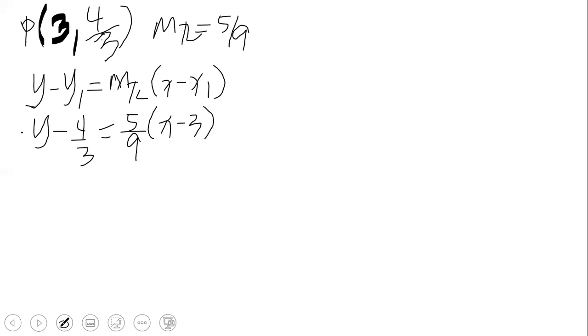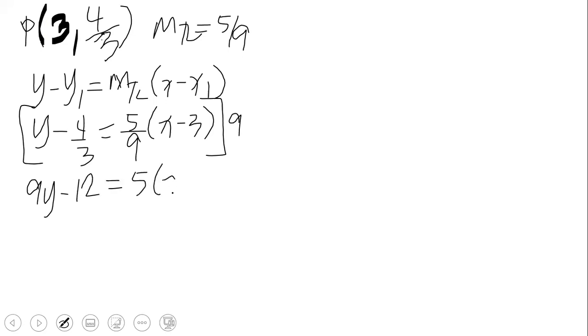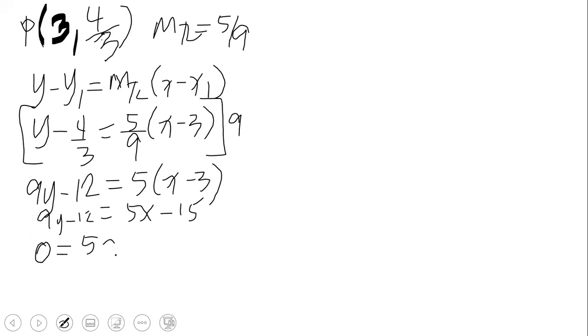So, this time, ang LCD ng term is 9. So, it will become 9y minus 9 divided by 3 is 3 times 4 is 12 equal to 5 times x minus 3. So, simplify all those terms na lang. 5x minus 15 equal to 9y minus 12. So, set to 0. 0 equal to 5x minus 9y minus 15 plus 12.